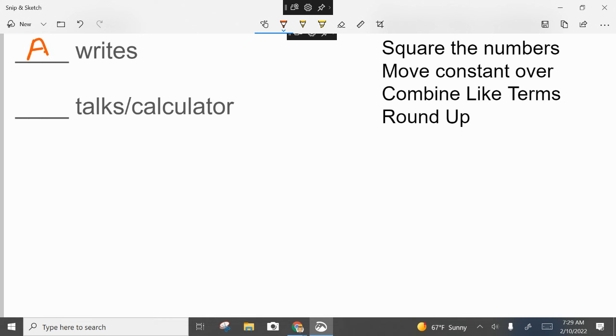A's writing. B's talking. Let's go fast. 14 squared plus 22 squared equals x squared. Go ahead and solve this for me.